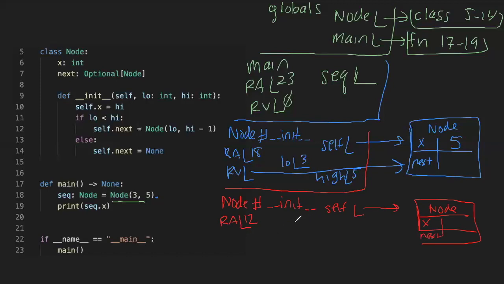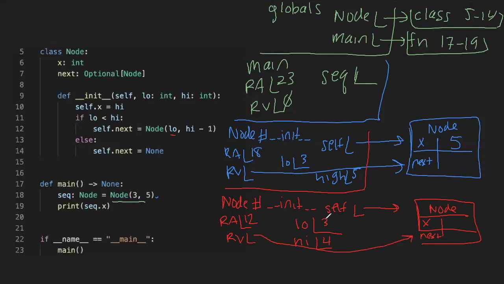Okay. And the low parameter is the same as what was in the previous init frame. We just sent in the same value. So this is still 3, but the high is now 4. And remember, our RV is always this same object.